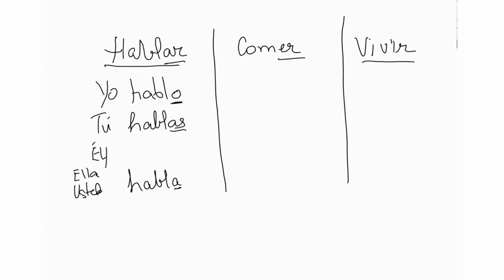Then if we say we speak, do you have any idea about we speak? Nosotros. We are nosotros. Like if we say Rashi and Swati are speaking, we speak. So nosotros hablamos. I'll just write it here. Hablamos.